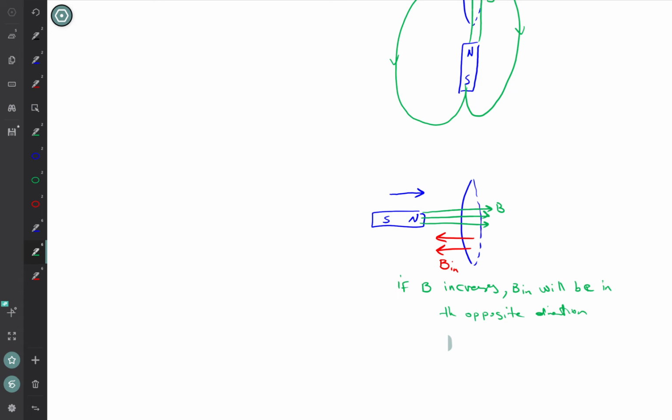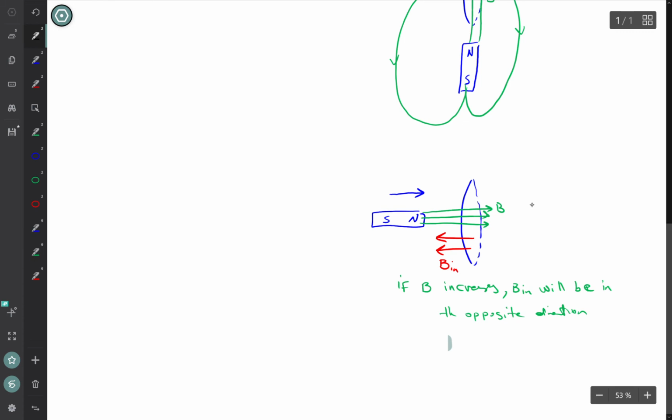Having your thumb pointing towards B induced and curling your forefingers shows the direction of the current. You see that the current in front of the loop will be going up. So you will have I induced going up.